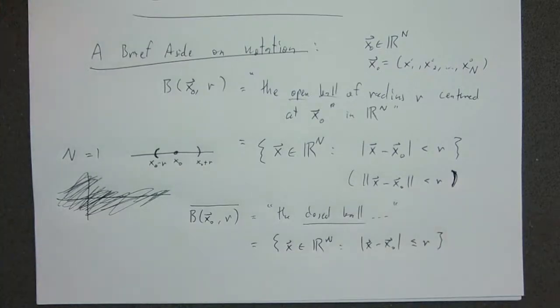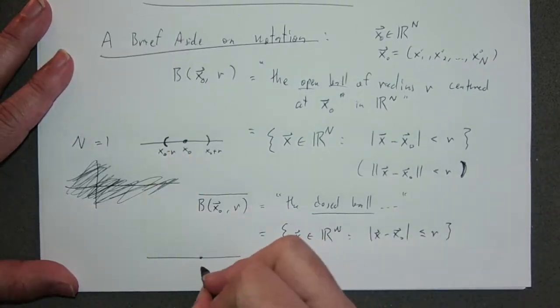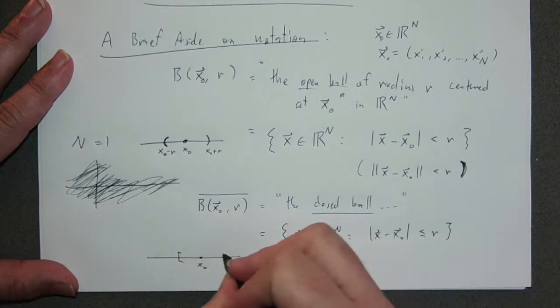Now this inequality has been replaced with a less than or equal to r. So in the n equals 1 case, this would be a closed interval.